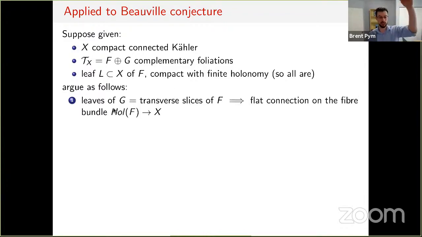I take the holonomy cover of all of the leaves of F. And then the leaves of G will still be somehow picking out the transverse directions. And so what they do is they give me a flat connection on this fiber bundle. So the holonomy covers assemble into a fiber bundle, which has a flat connection in the sense of Ehresmann, which is induced by this complementary foliation G.